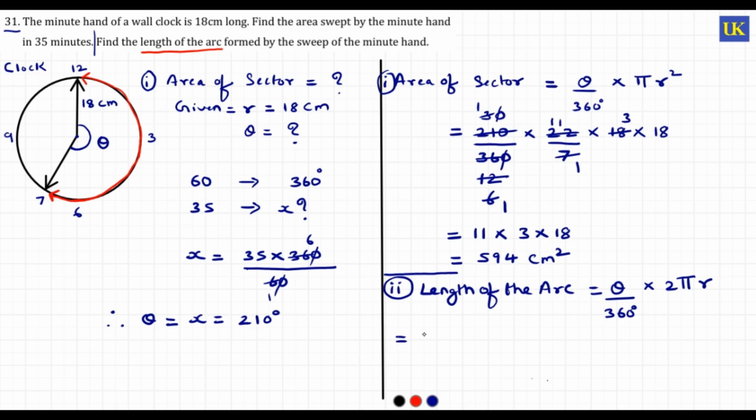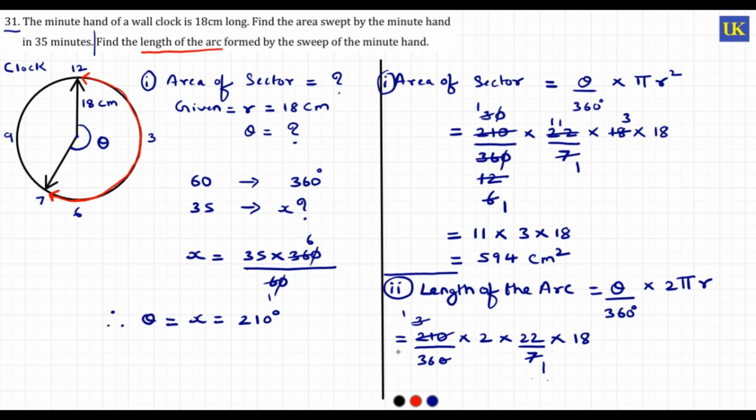Theta is how much? Theta is 210 upon 360 degree into 2 into 22 by 7 into radius is 18. Now we will cancel out. So we will cancel 0 and 0. Then 7 ones are 7 and 7 threes are 21.